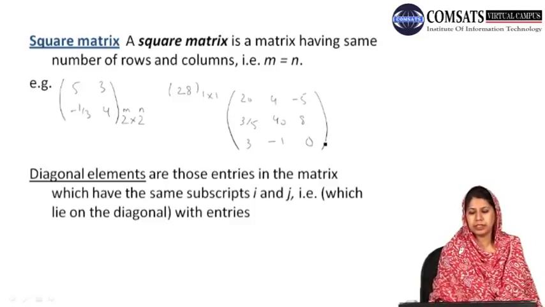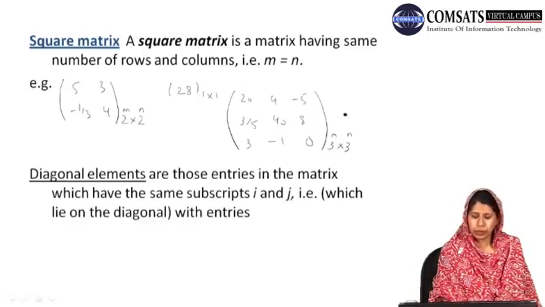How many rows does this matrix have? 3 rows, so we write 3 here. And how many columns? 3 columns. So this matrix has order 3 by 3, which means that m is equal to n here, and the given matrix is also a square matrix.